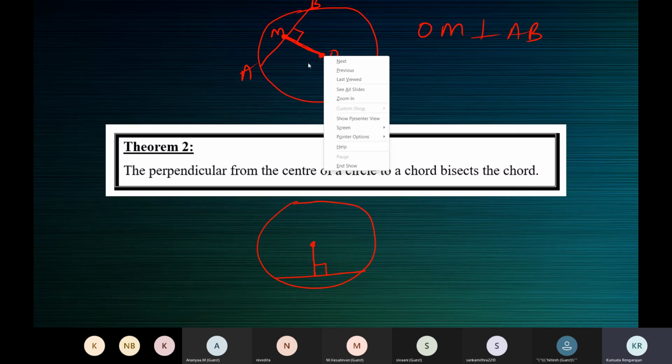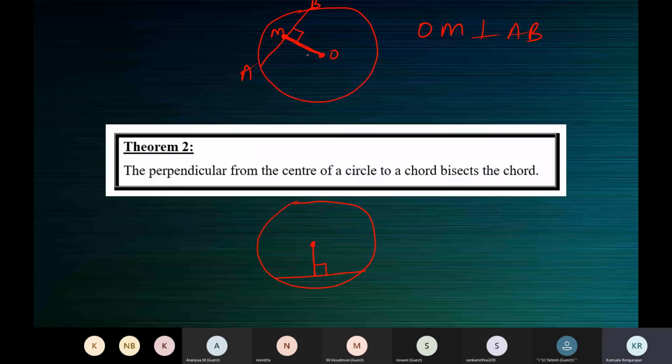The perpendicular from the center to the chord bisects the chord. If OM is perpendicular to AB, then M is the midpoint of AB. Conversely, if M is the midpoint of AB, then OM should be perpendicular to AB. If a line from the center to the chord bisects the chord, then the line should be perpendicular to the chord.